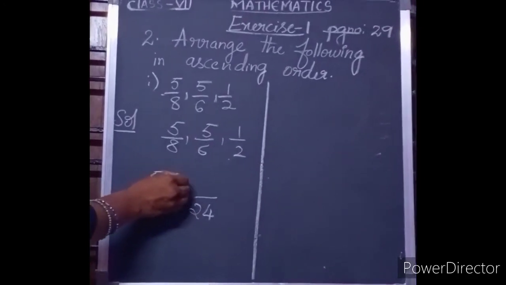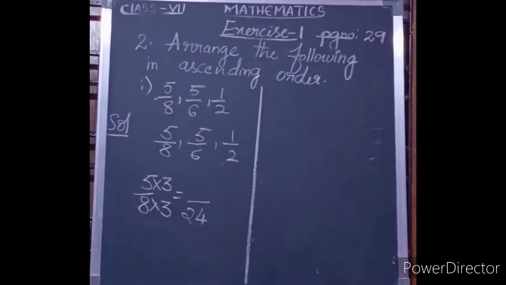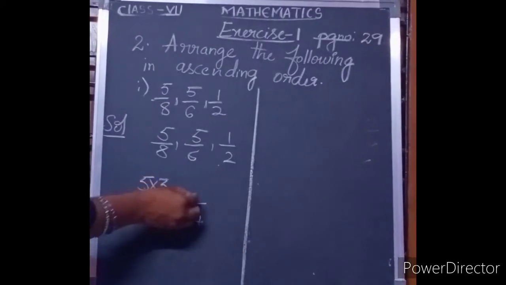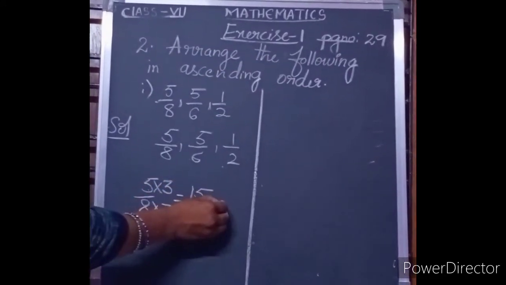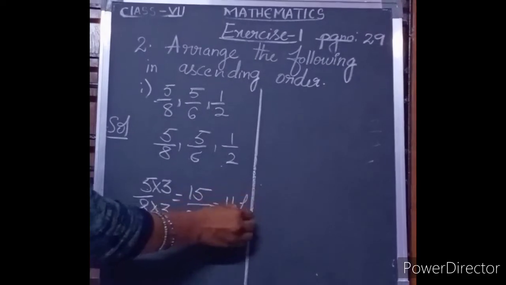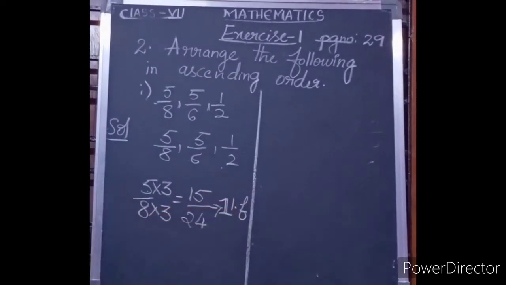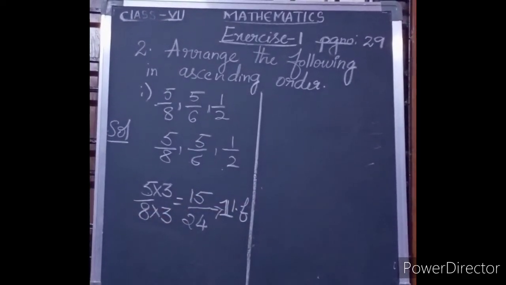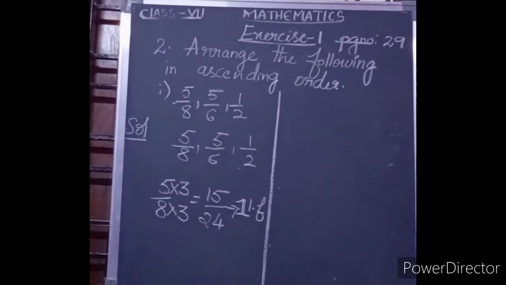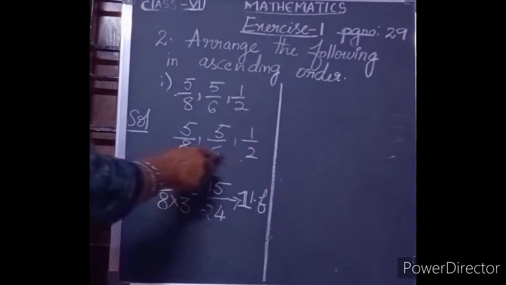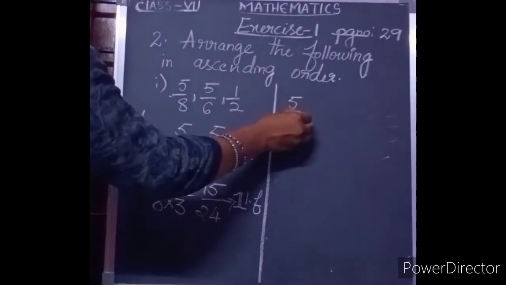So we have to multiply the same number to the numerator. So 5 3s are 15. This is the first like fraction. I am writing first LF. LF means like fraction.